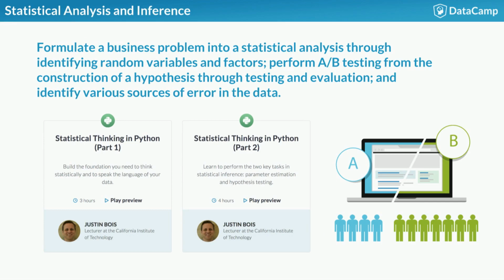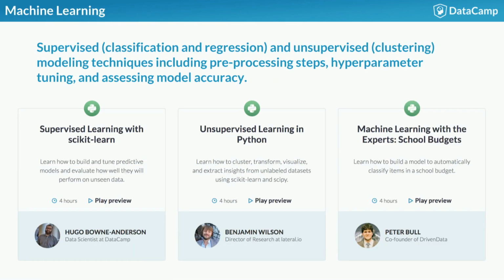Stats, so statistical analysis and inference, gets into how you take a business problem and formulate that in statistical terms. You get some material in here about A/B testing, construction of hypotheses, and identifying different sources of error in the data. We've got some stats courses on DataCamp that can help prepare you there.